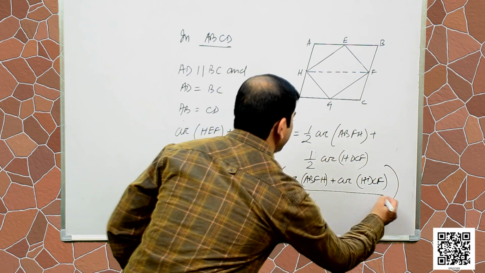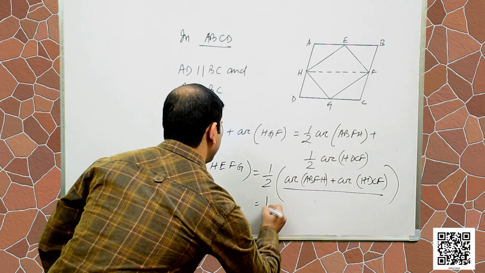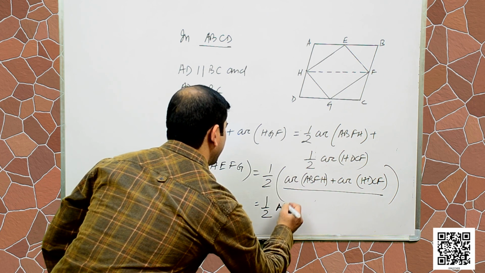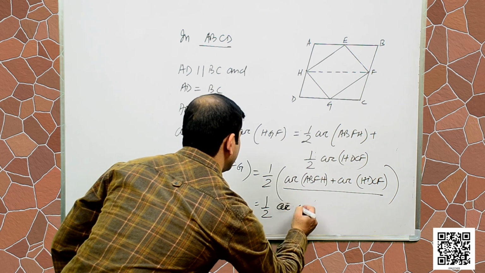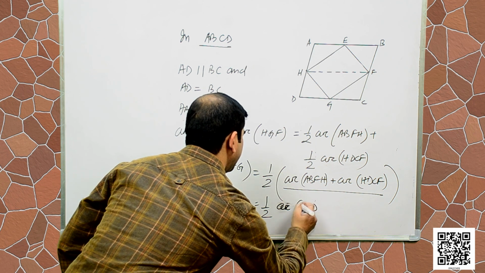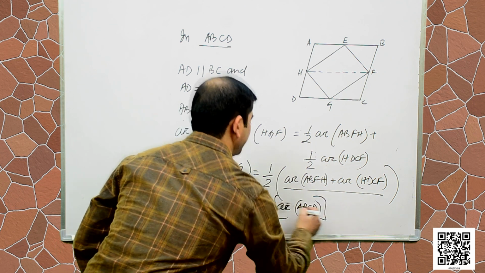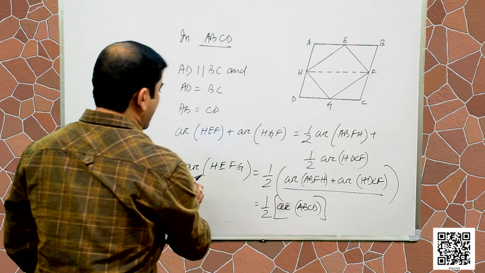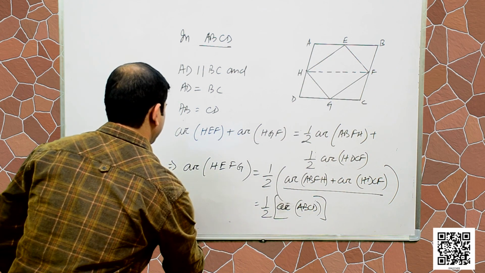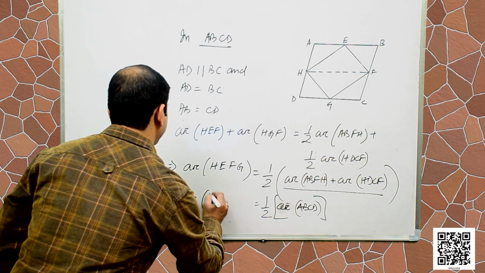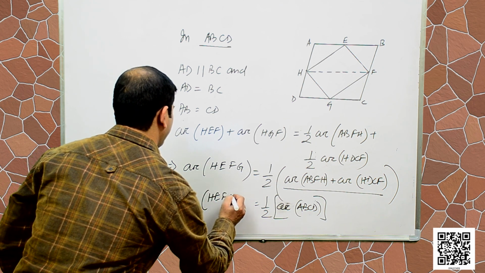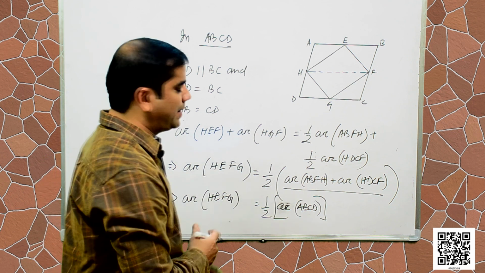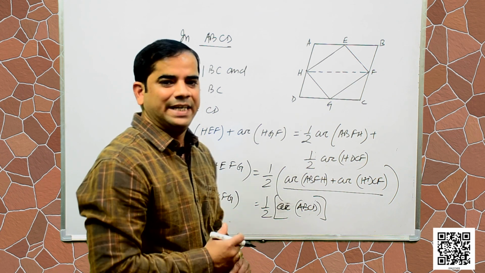What does it mean? This is nothing but area ABCD, isn't it? Because they combine together to form parallelogram ABCD, and this implies area HEFG is equal to half area ABCD.